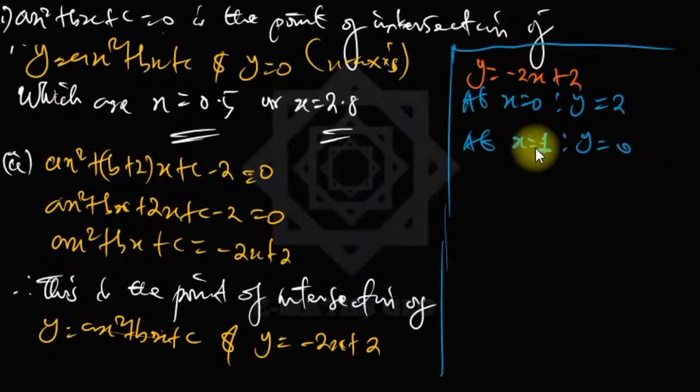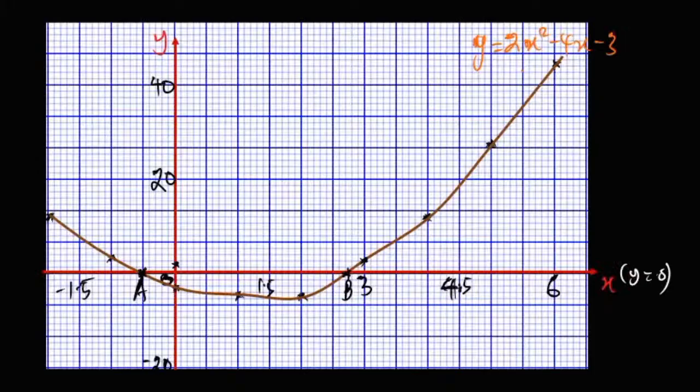So the second one, x is 1, so 1 over 0, so 10 grid lines. So where x is 1, it's 10 grid lines, see it here, and y is 0, so on the axis. So we join these 2 points, that becomes the line. So let's join it.